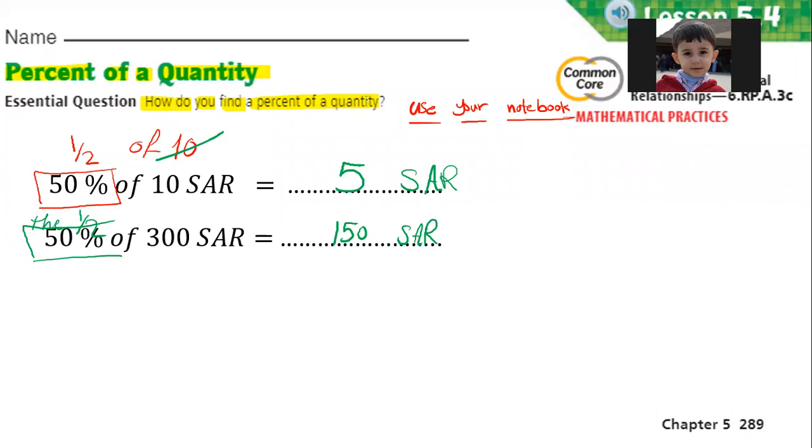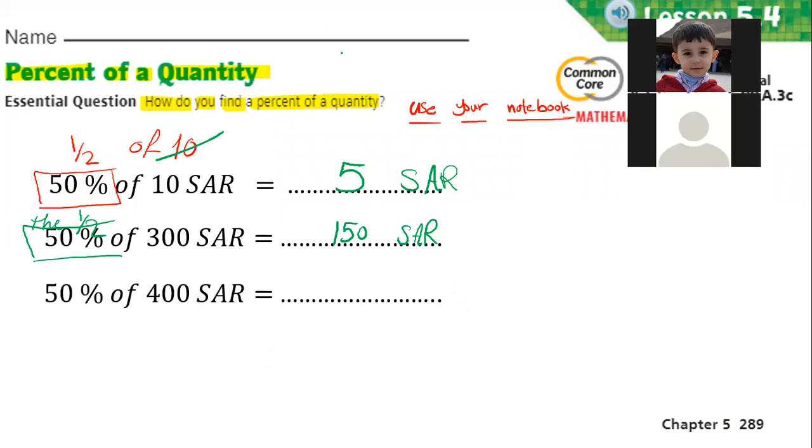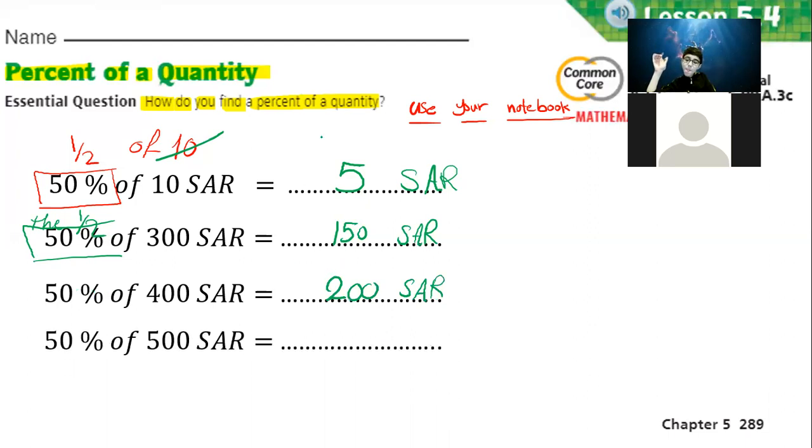Third question, Ali. I'm waiting for your answers in the chat box, but Ali will answer me here directly. Good job. The answer here is 200 riyals. Next question, 50% of 500.